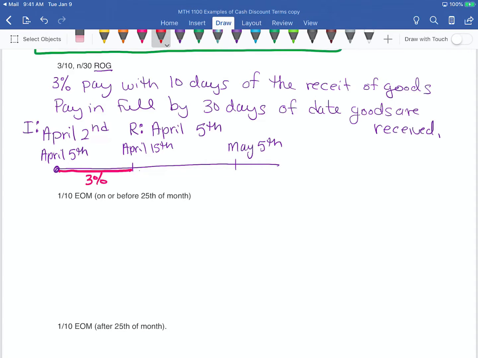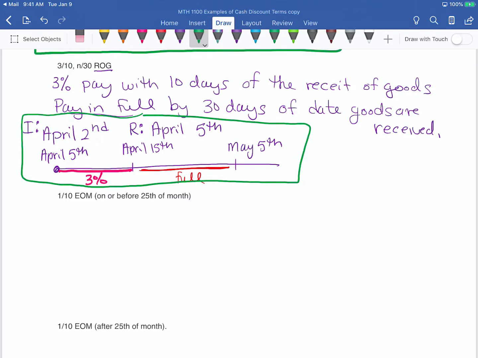And so if I pay somewhere on this time frame, from April 15th to May 5th, I'm going to have to pay in full because I've missed the deadline of the 3% extra discount. So here is our timeline for this example.